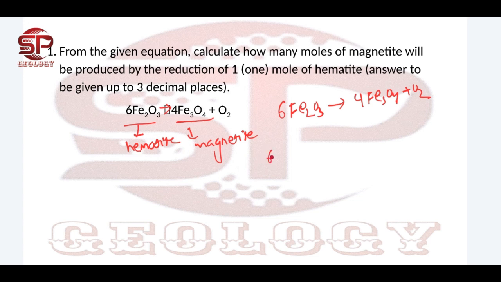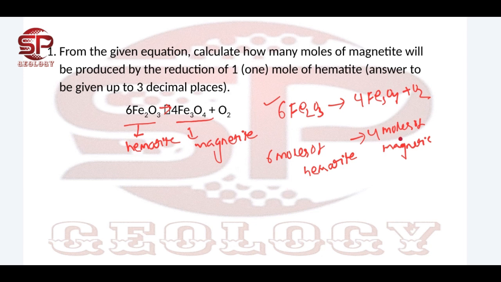That means 6 moles of hematite produce 4 moles of magnetite. We have to calculate how many moles of magnetite will be produced from 1 mole of hematite.